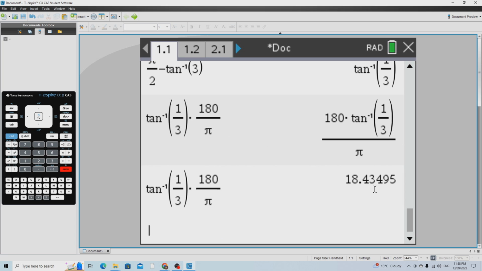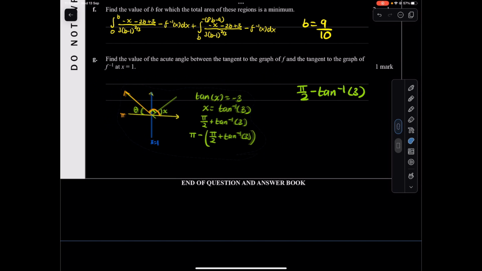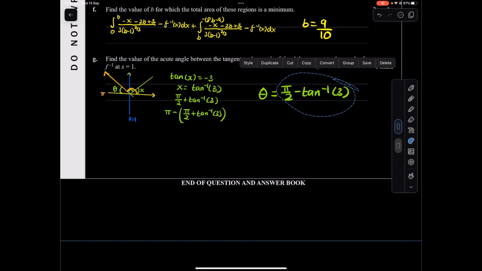It's less than 90. So yeah, that's that. So I think we can justify it. Our angle, let's say theta, is pretty much this.